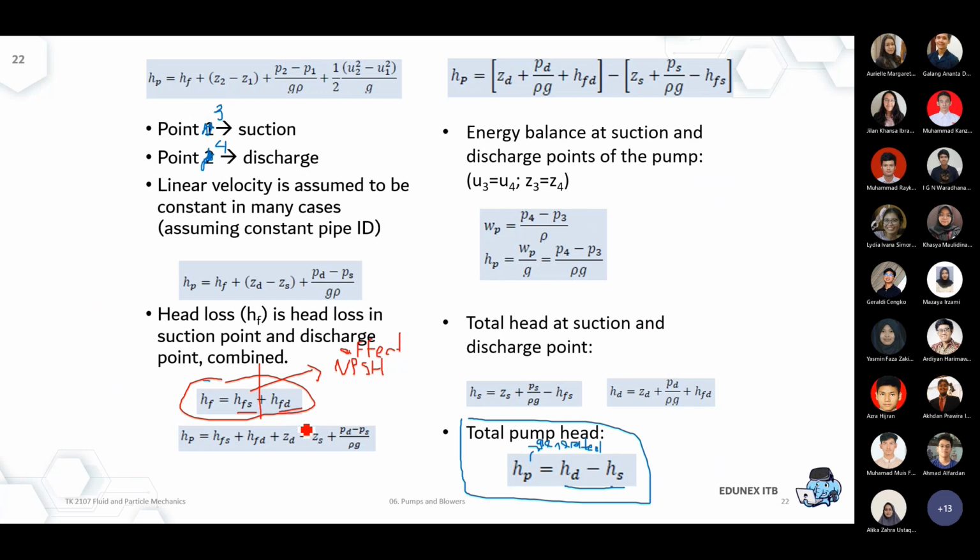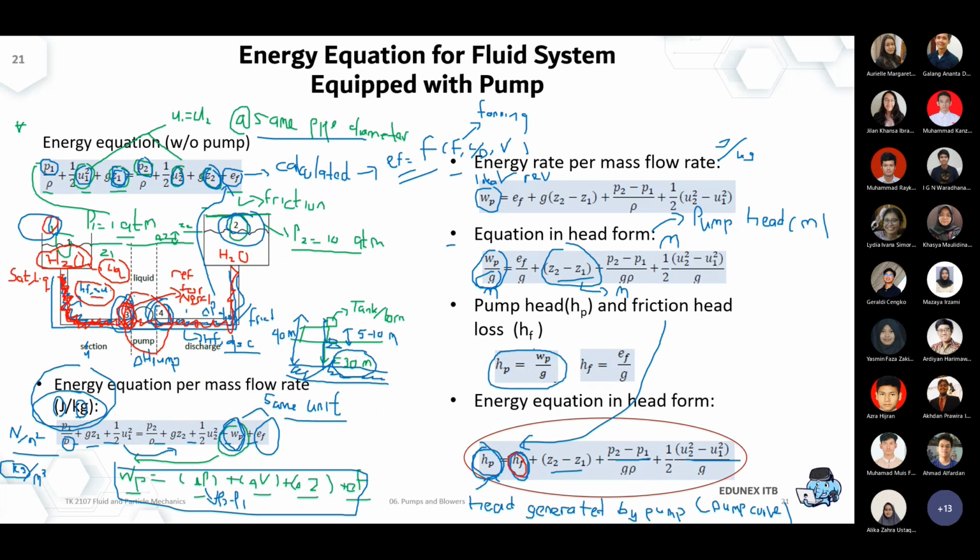The reference point now is, suction is between 1 to 3, delta P between 1 to 3. And discharge is the delta P between 2 to 4. If we consistently use this reference point, 1 to 3 is the suction pressure drop, and 4 to 2 is the discharge pressure drop.